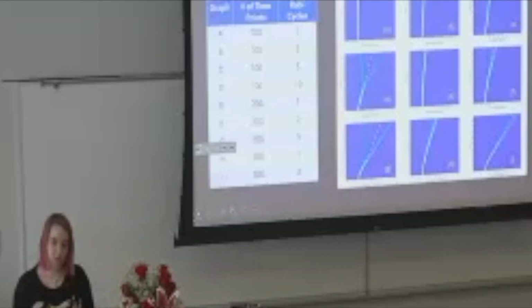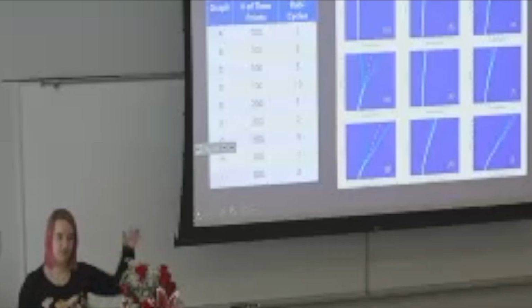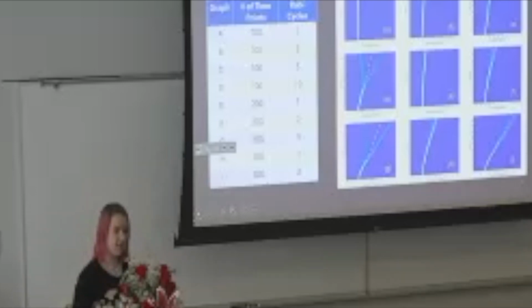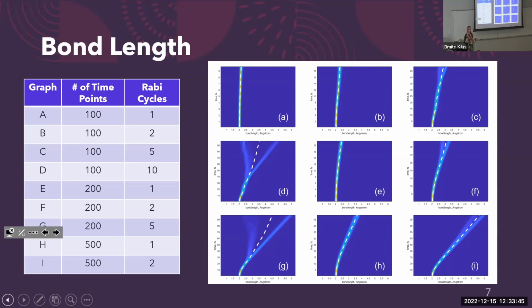So according to these results, when you have more exposure time, and you have a higher power laser, which is modeled by the number of Rabi cycles, then you have a higher degree of dissociation in the photoinitiator molecules.